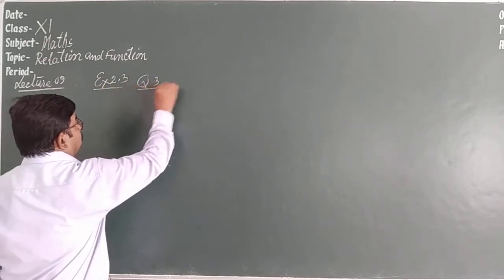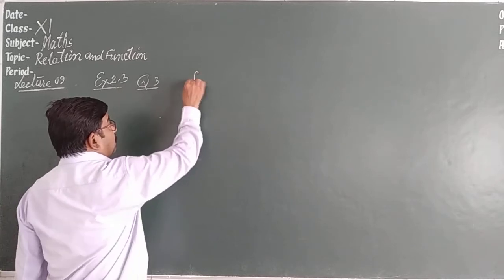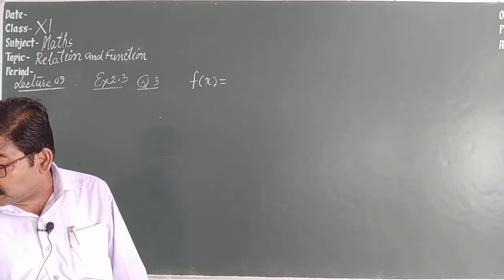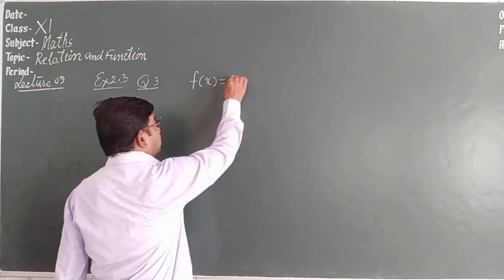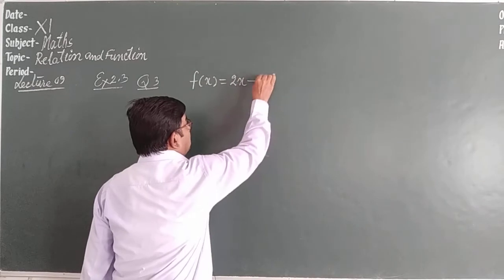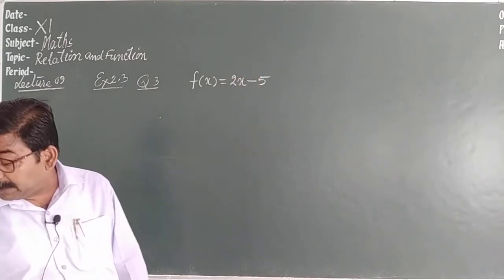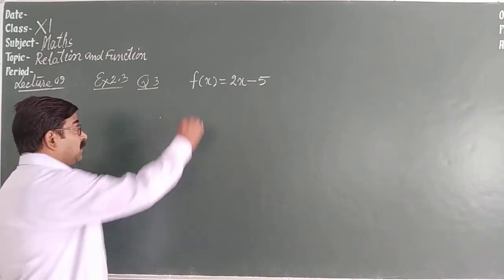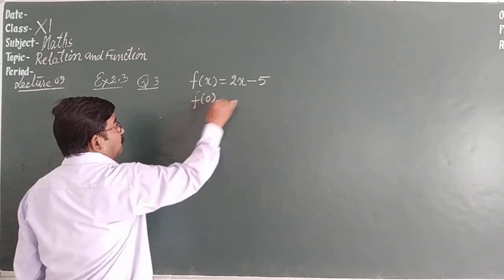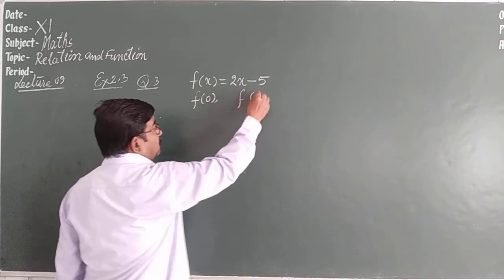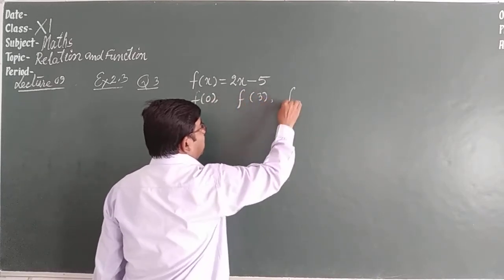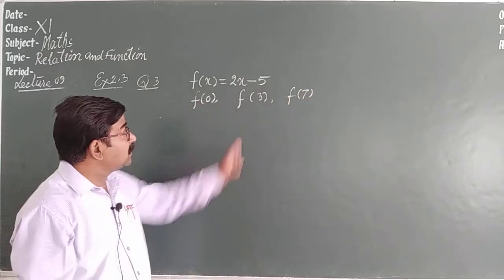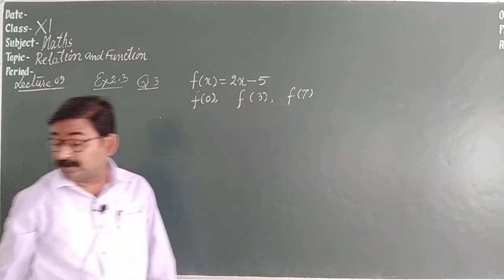We have to find the values of f(0), f(3), f(7), f(minus 3), whatever values are given. I am not writing the question from the exercise. We have to find these values.